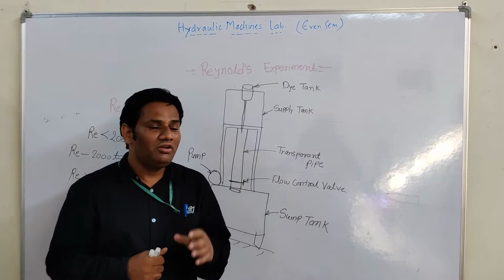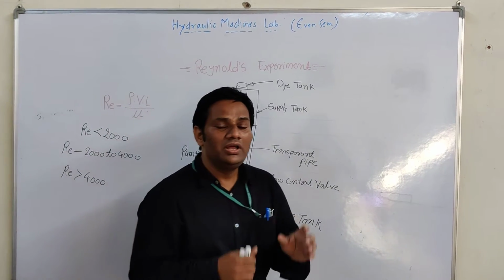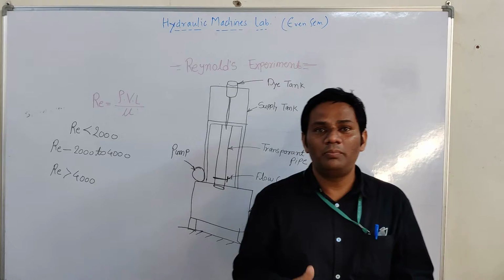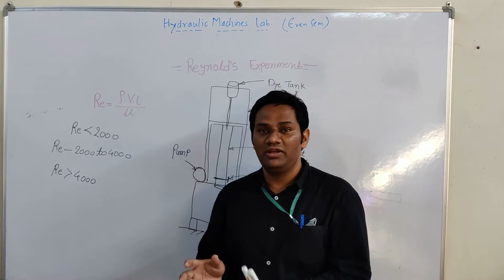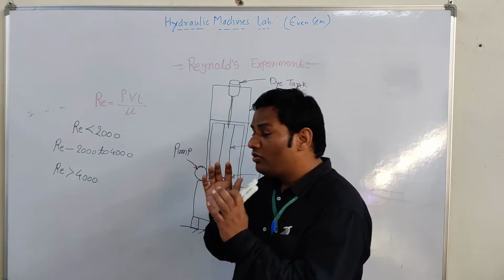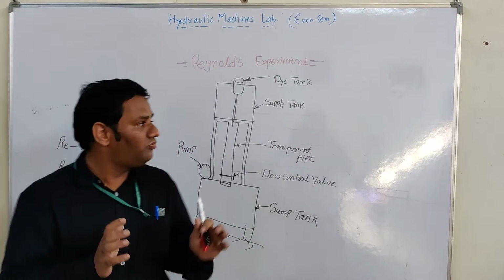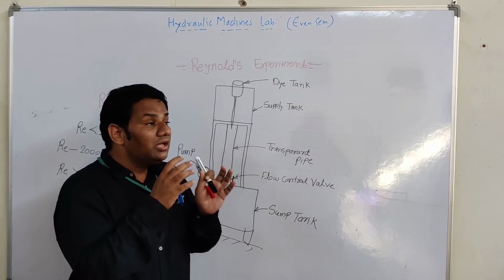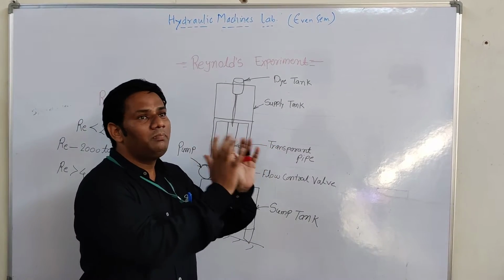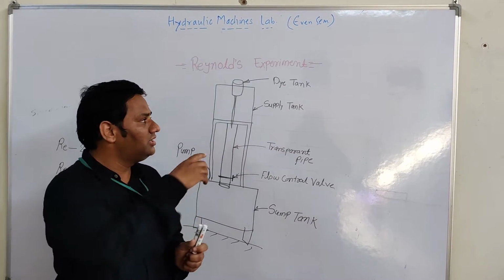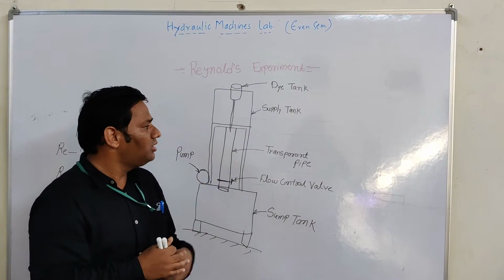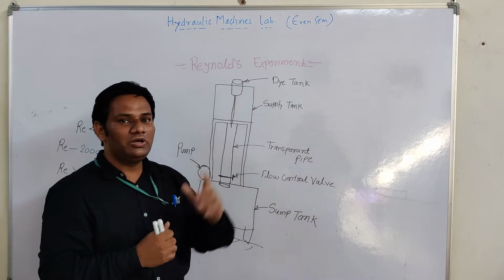If the velocity of flow is more, then all the particles move in a zigzag way, not parallel to each other, so there is a zigzag flow of the fluid in the pipeline.